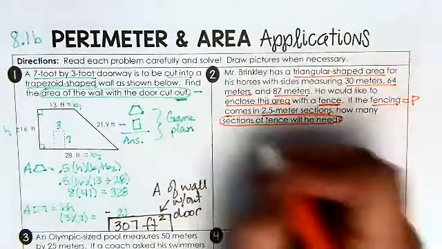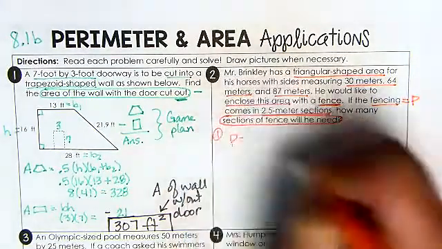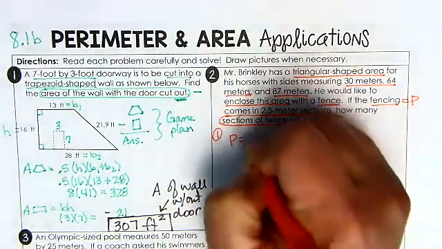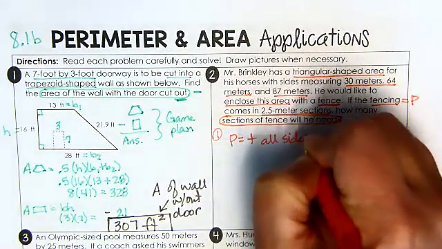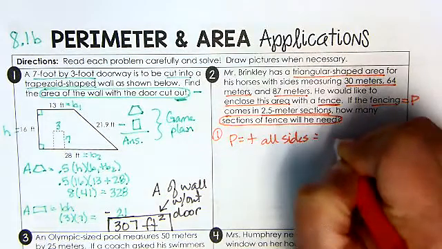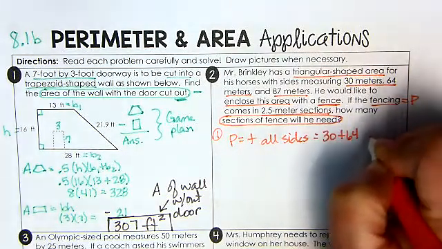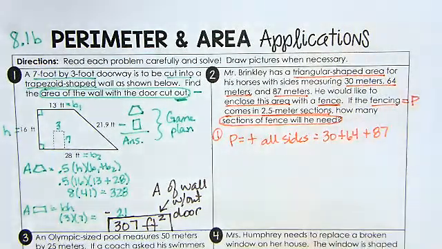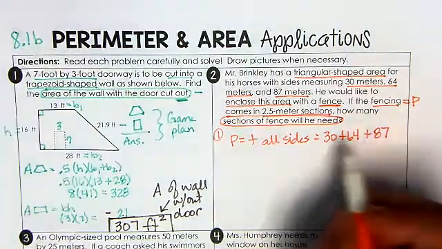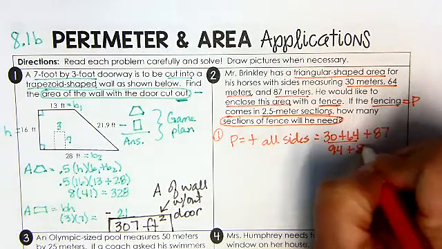So the first thing we have to do is find the perimeter, which means that we add all sides. So that's going to be 30 plus 64 plus 87. Okay, so we're going to do the 30 plus 64, so that's going to give me 94 plus 87.